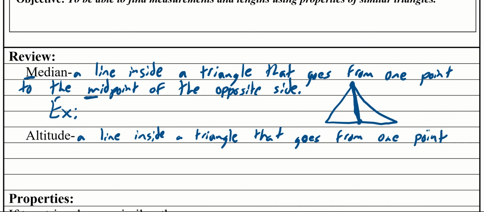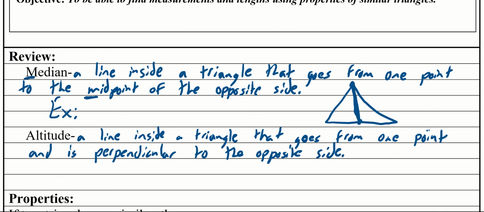It's not going to go to the midpoint of the opposite side, but the information that we know is we can say that it goes from one point and is perpendicular to the opposite side. Okay, so this one's, like I said, similar, but a little bit different than what we see with median here.